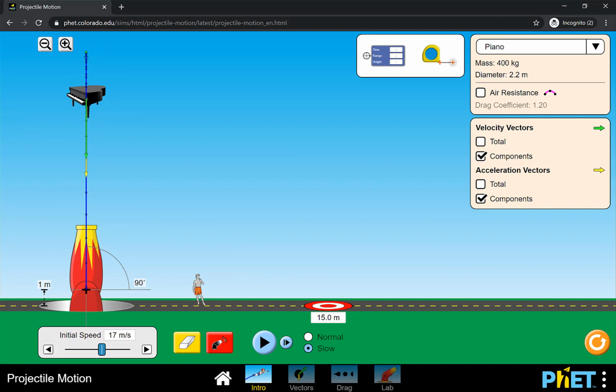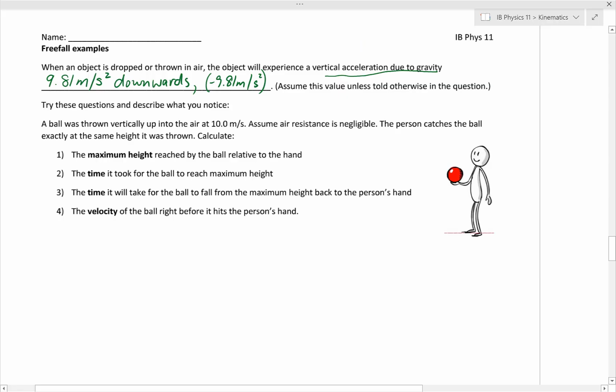These are the things I want you to keep in mind as we are doing these problems. I'm going to draw this here. Anytime you're throwing a ball up, it goes up, it comes to a maximum height, and it comes back down wherever it needs to land. At this maximum height here, we know that the velocity at this point is 0 meters per second.